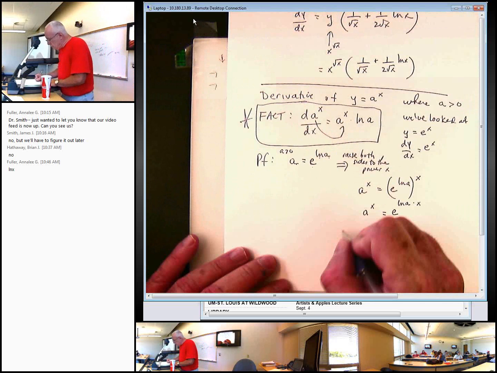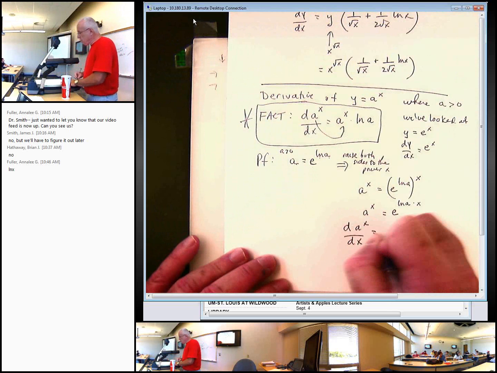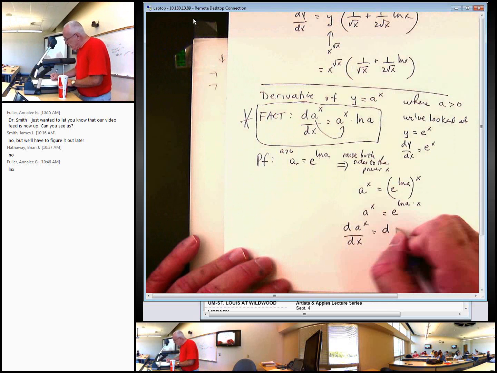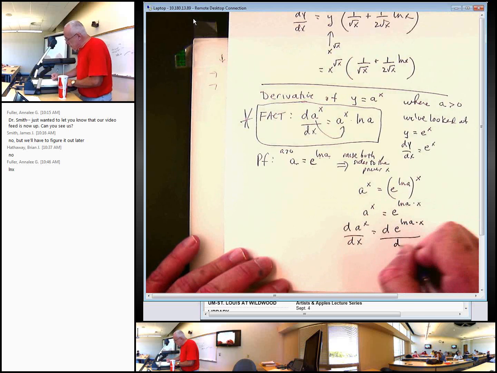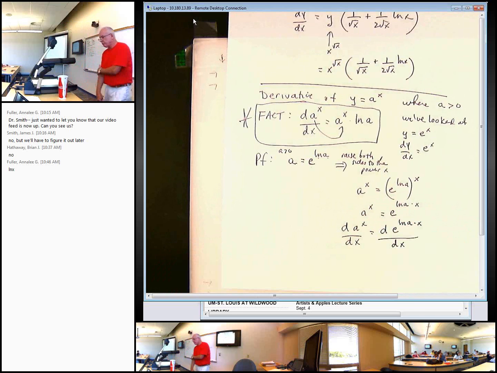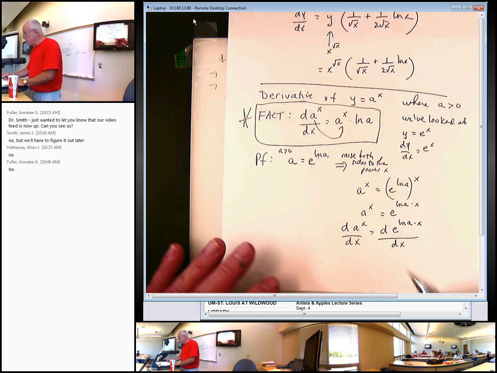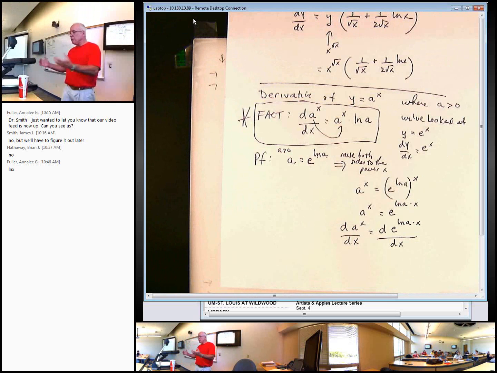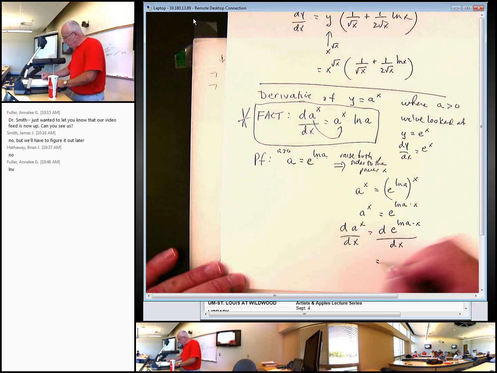Now let's do the derivative of both sides. So the derivative of a to the x is equal to the derivative of my e to the ln of a times x power. Okay, so now we're doing the derivative of the exponent function. Well, remember, we're going to use the chain rule.